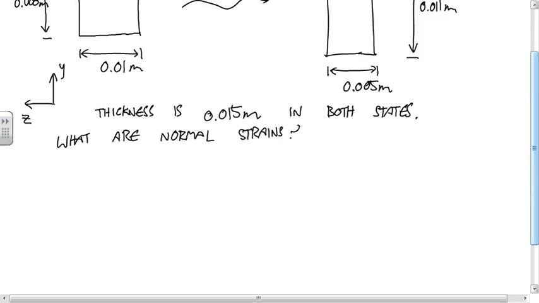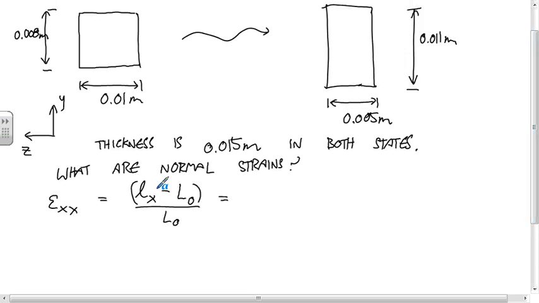Okay, so the definition of the strains, the x normal strain, epsilon xx, is equal to the new length of the x side minus the initial length, divided by what? Divided by the initial, yep, that's right. And so what is the final length along the x-axis?